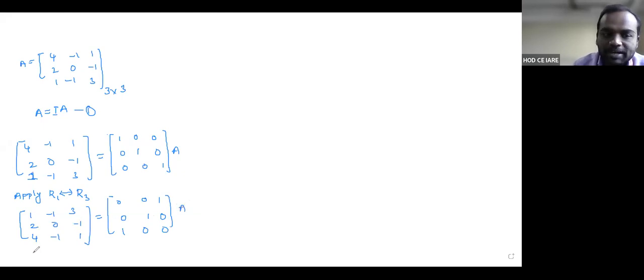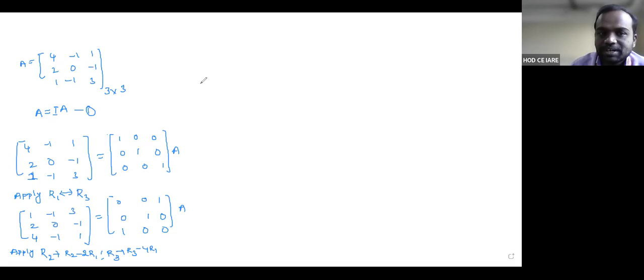Next, the principal diagonal element, you keep that one constant, and the elements below it you convert into zeros using row operations. So apply R2 change to R2 minus 2R1, and next R3 change to R3 minus 4R1.